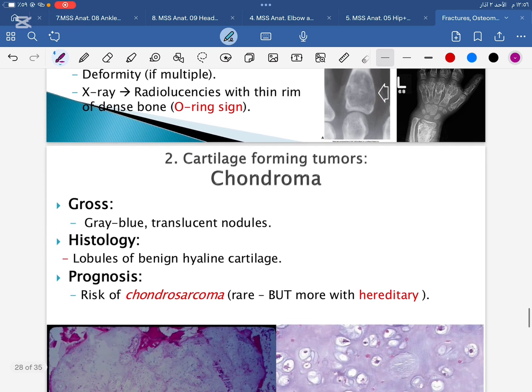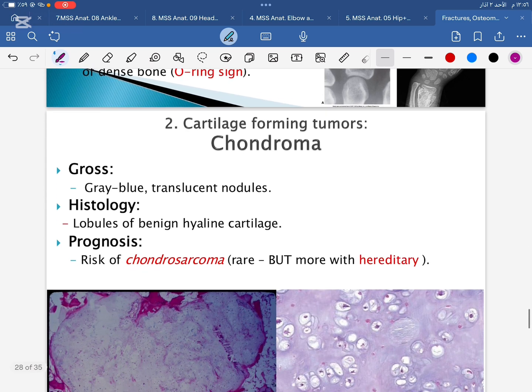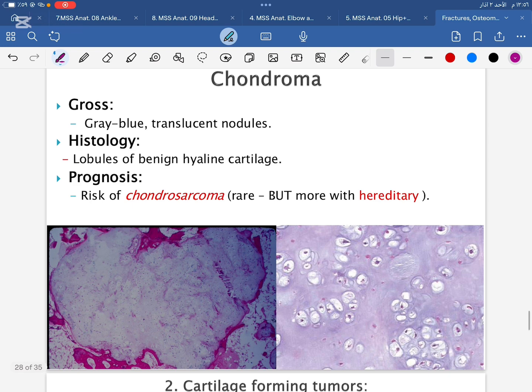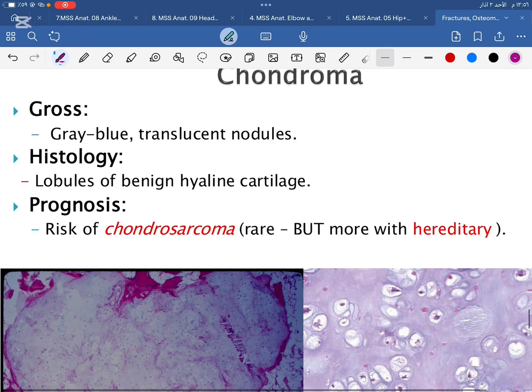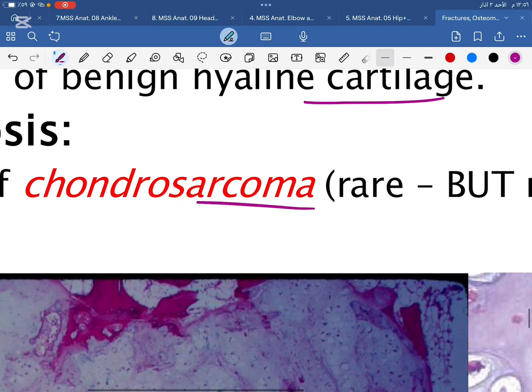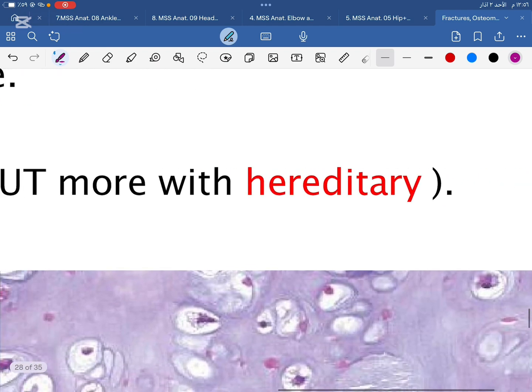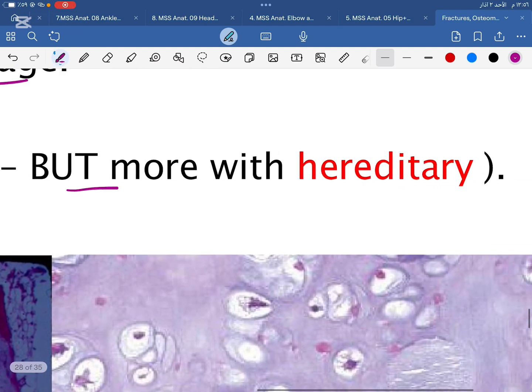Grossly, it's a translucent nodule because it's cartilage, nodules of benign hyaline cartilage. It has a risk of what? A minor risk of transforming into chondrosarcoma, seen more with hereditary conditions, where chondrosarcomas can develop from chondroma.